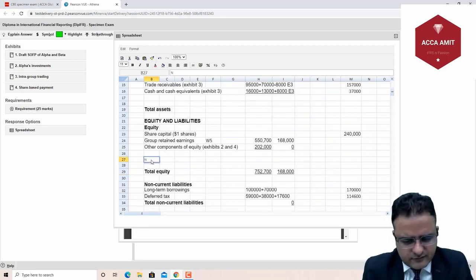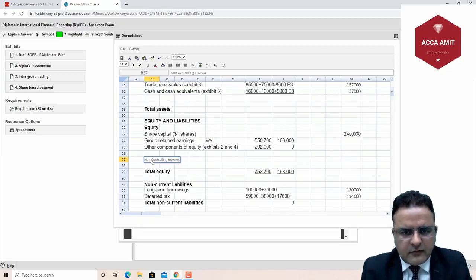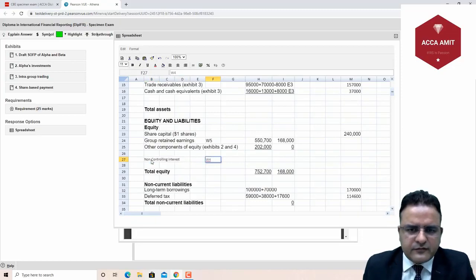Non-controlling interest, working note number 4.